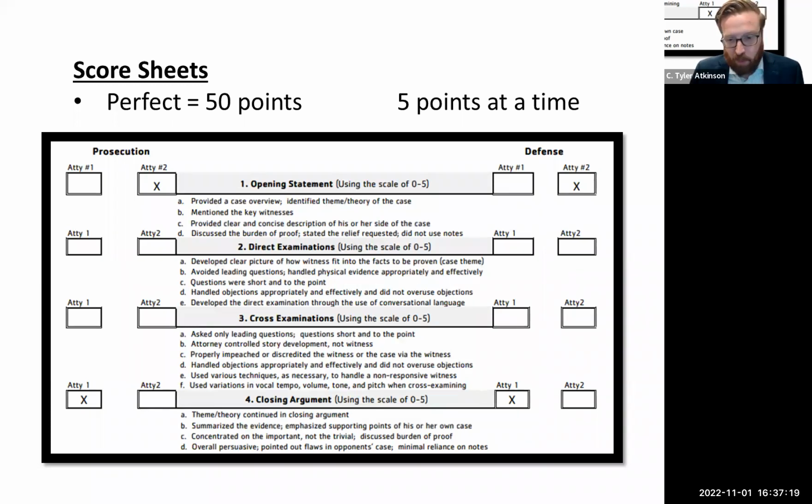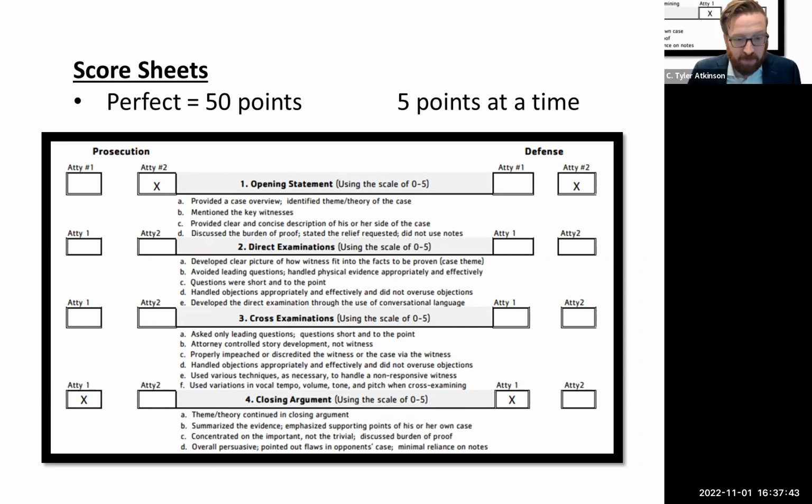You get to 50 points by getting 5 points at a time. The opening attorney can score up to 5 points. The attorney in their direct examination, whether they have 1 or 2 witnesses, will get 5 points per attorney, and then in closing, 5 points per attorney. The attorneys can get 5, 10, 15 points apiece.